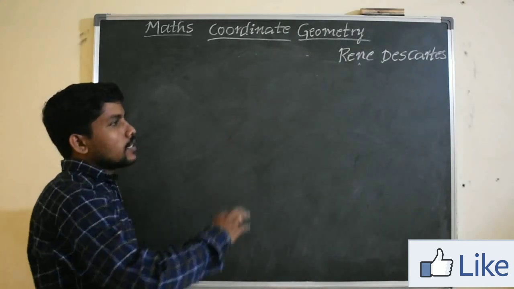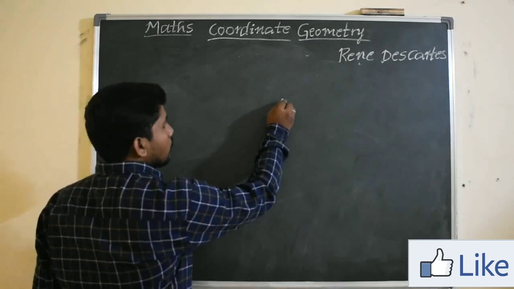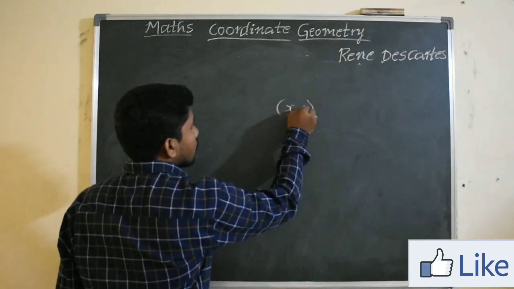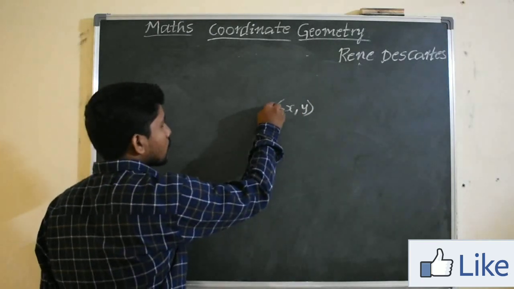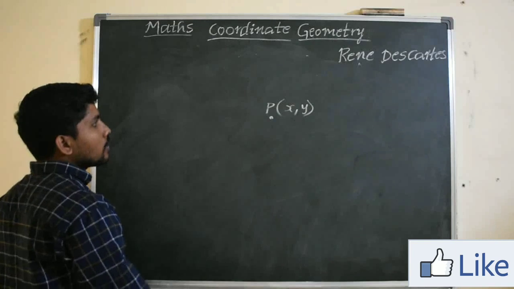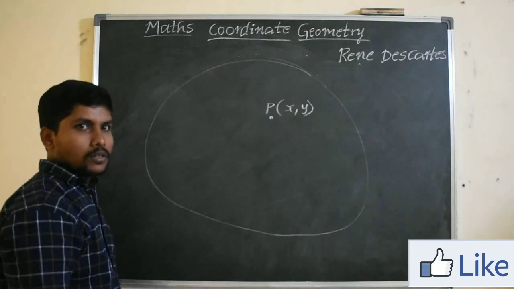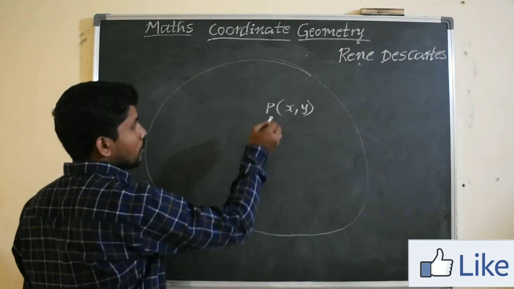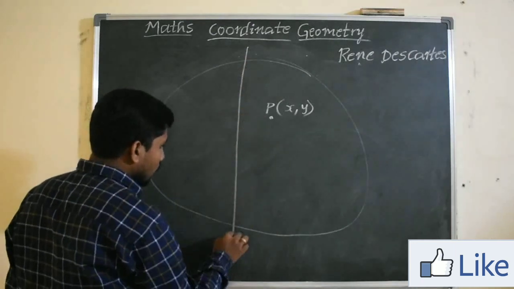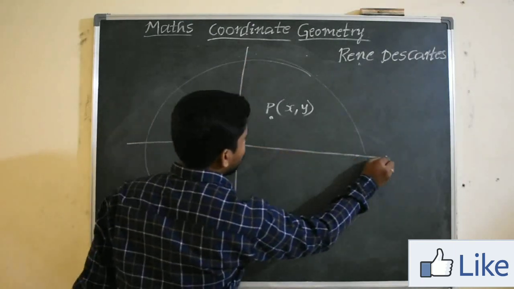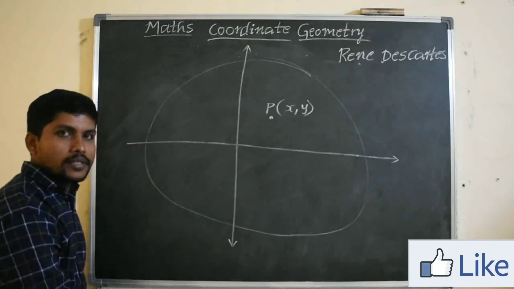As I said, an ordered pair of numbers is represented by a point in a plane. So let us take a plane surface. In order to represent a point with an ordered pair of numbers, we divide the plane into 4 parts, taking 2 reference lines.